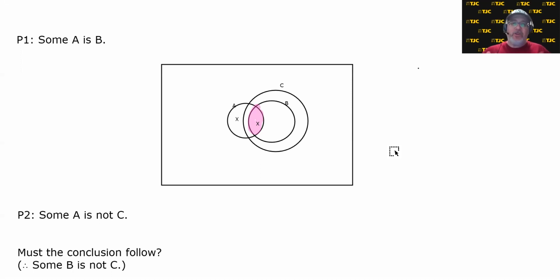So this one was tricky because of all of the particular statements instead of the universals, but we have a picture that satisfies premise 1, some A is B, that's the pink area with the X in the middle, and satisfies premise 2, some A is not C, that's the X on the left, but the conclusion doesn't follow, that some B is not C. Every B is C, so there isn't one that's not.